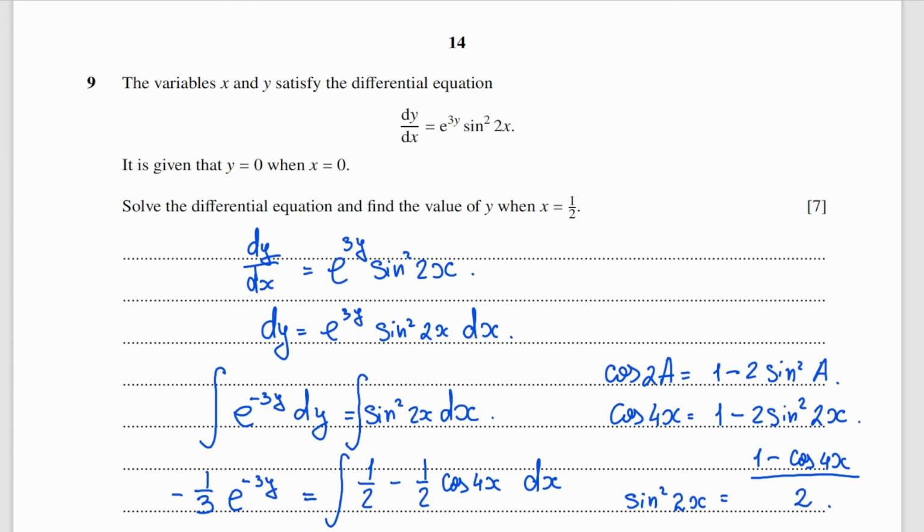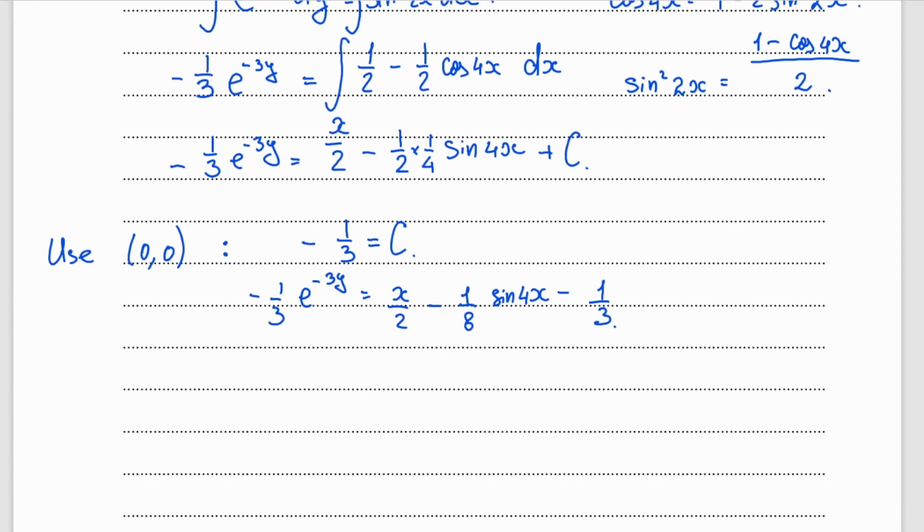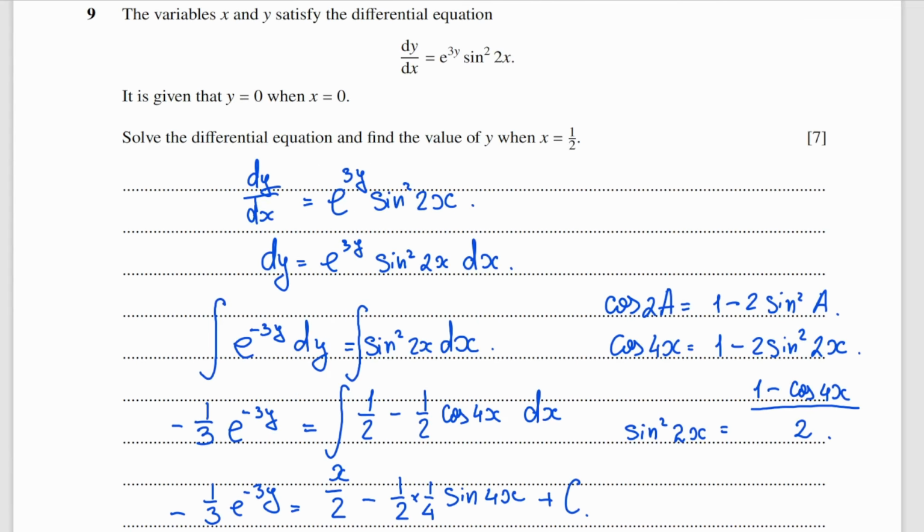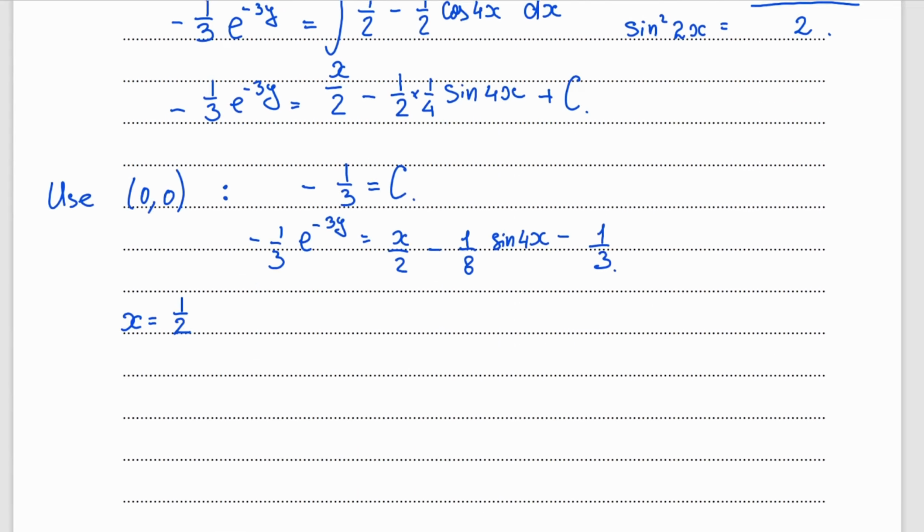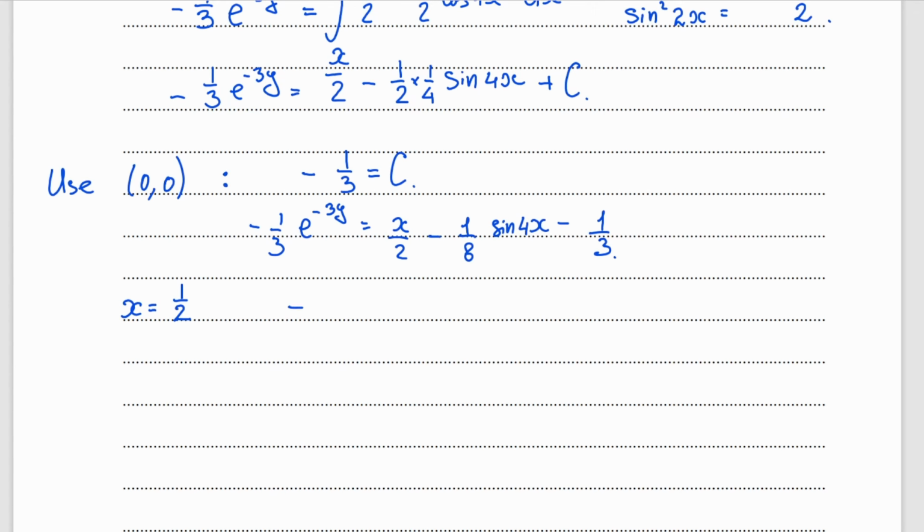Now we have to find y when x is a half. Do we have to find the exact value? No. Okay. So that's what I got for the right-hand side, and I'm going to multiply everything by -3. e to the power of minus 3y equals 0.591.